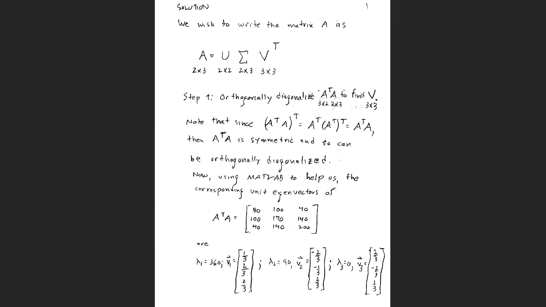Again, what we want to do is express the matrix A this way. The matrix A is a 2 by 3 matrix. So according to the singular value decomposition, the matrix sigma also has to be 2 by 3.